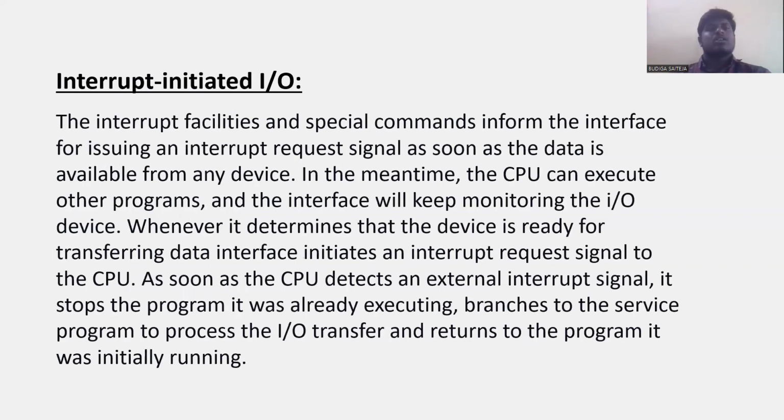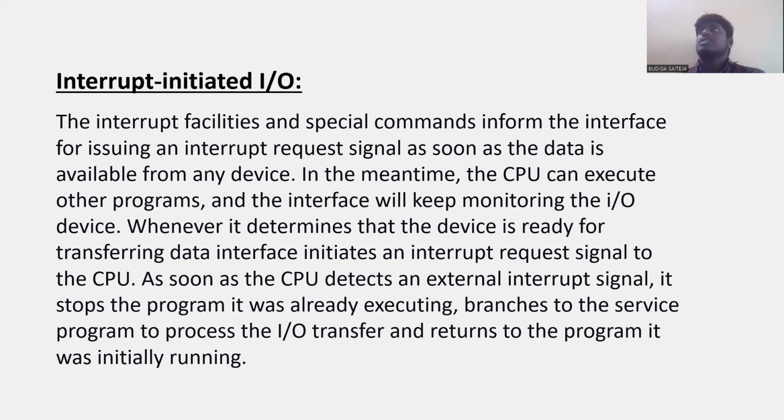Interrupt initiated IO device. The next one is the interrupt facility and special commands from the interface for issuing an interrupt request signal as soon as the data is available from any device. In the meantime, the CPU can execute other programs, and the interface will keep monitoring the IO device.